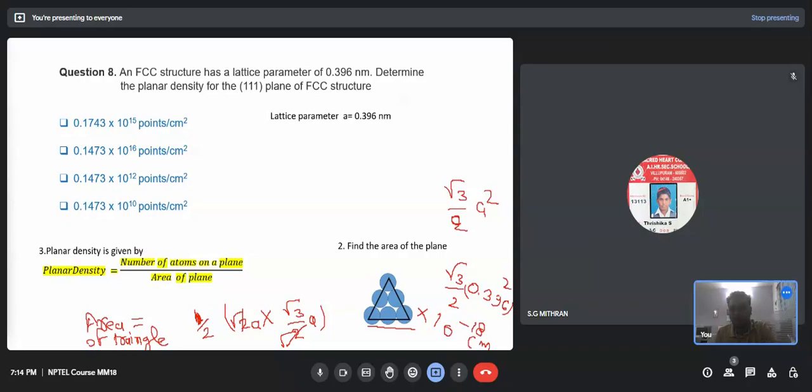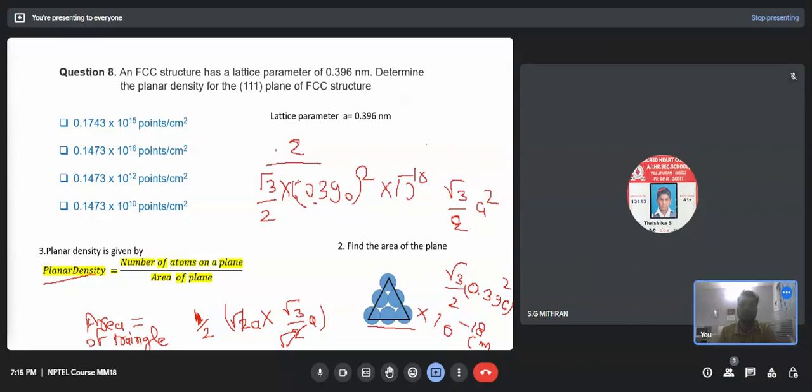And now we have to calculate the planar density. For that, we'll just keep first number of atoms on a plane is 2, then root 3 by 2 into 0.396 whole square into 10 to the power minus 18.